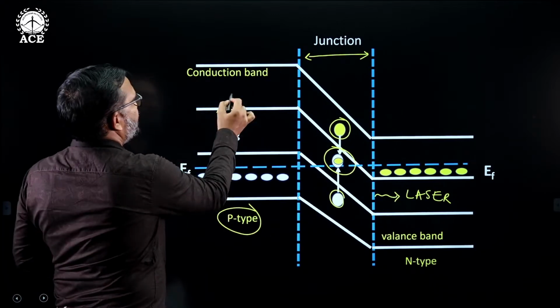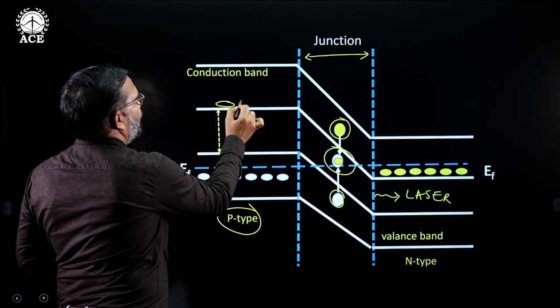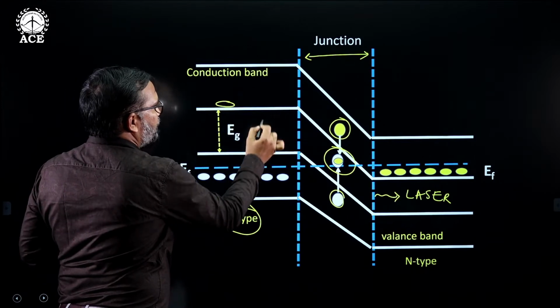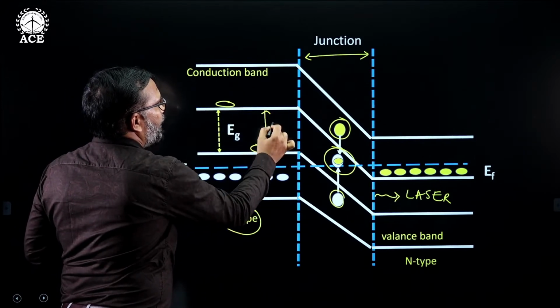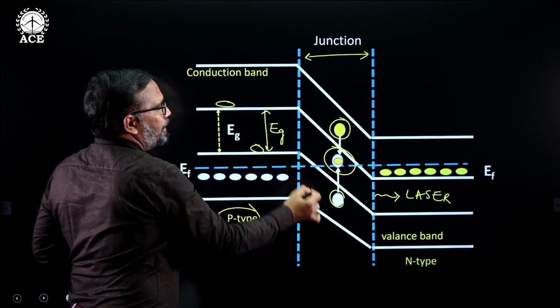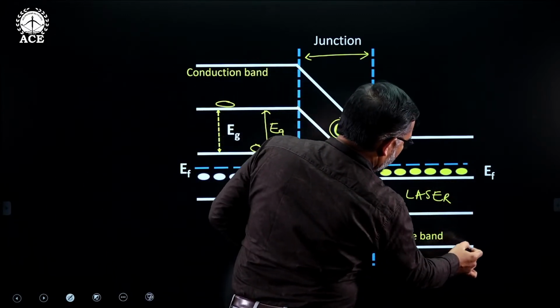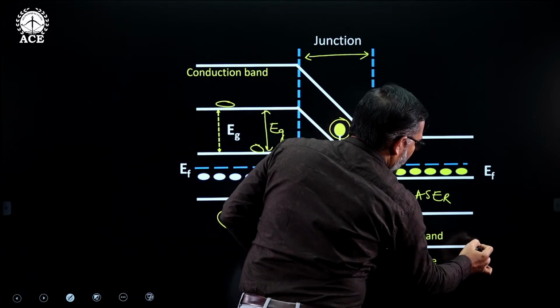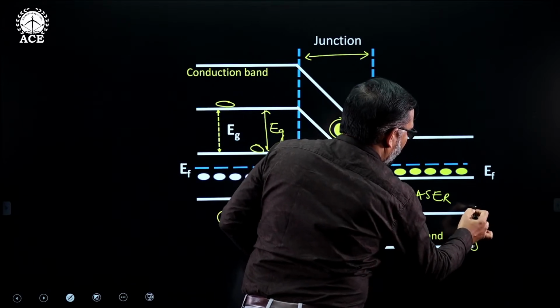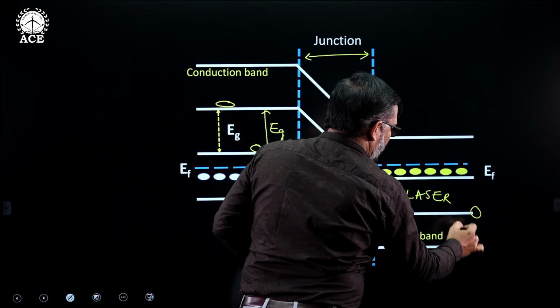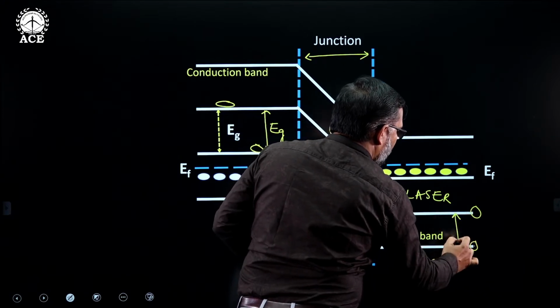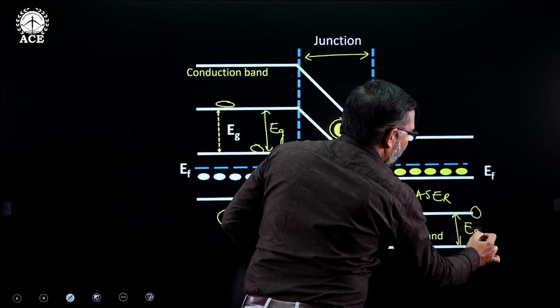So this energy gap is the gap between the bottom of the conduction band and the top of the valence band. And here also, we have the bottom of the conduction band and the top of the valence band. That gap is called the energy gap.